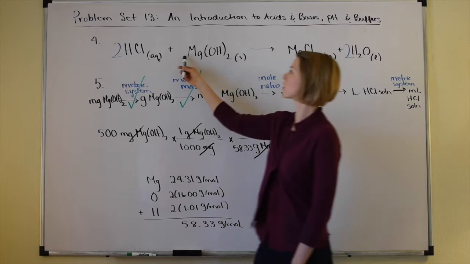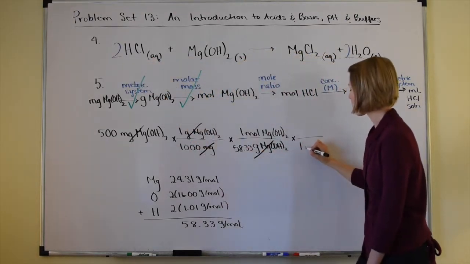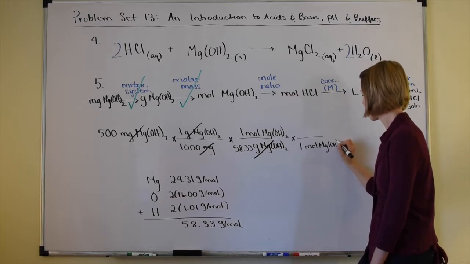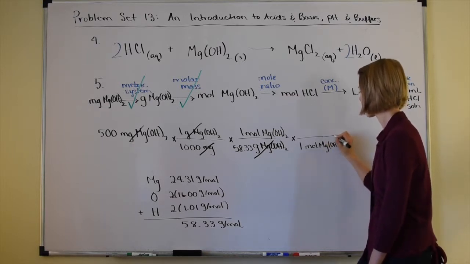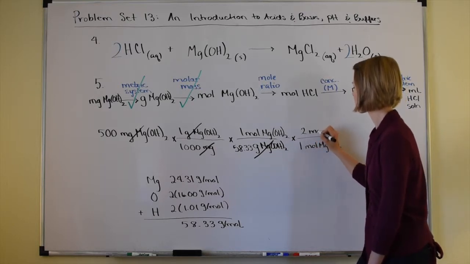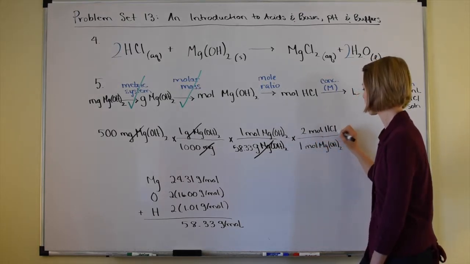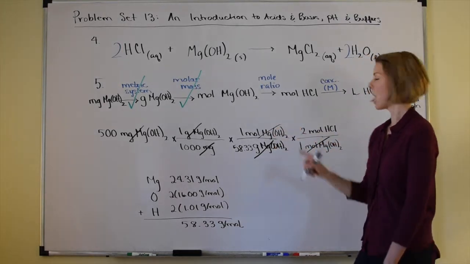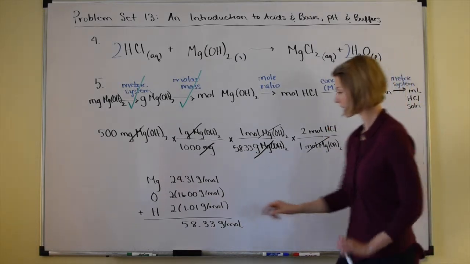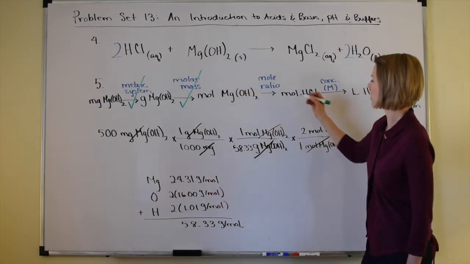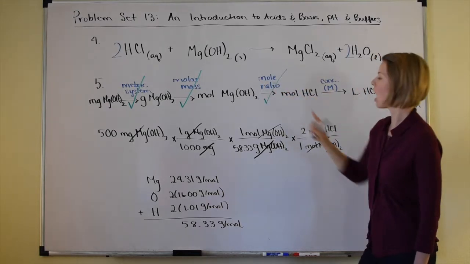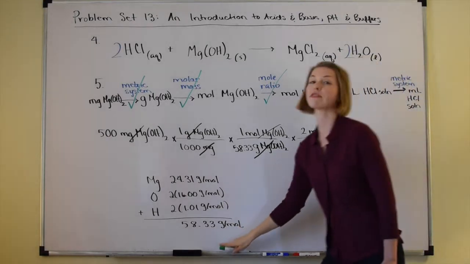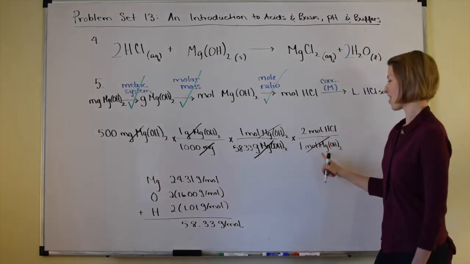So I know there's a 1 to 2 mole ratio. For every 1 mole of magnesium hydroxide, two moles of HCl react. So my moles of magnesium hydroxide cancel. I now know how many moles of hydrochloric acid are required here. So I just did this step. I used the mole ratio from my balanced chemical equation to figure out how many moles of acid would react. I'm not done yet.